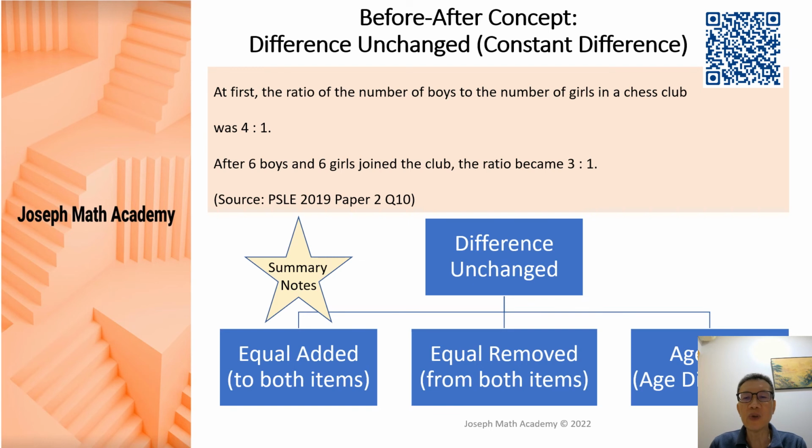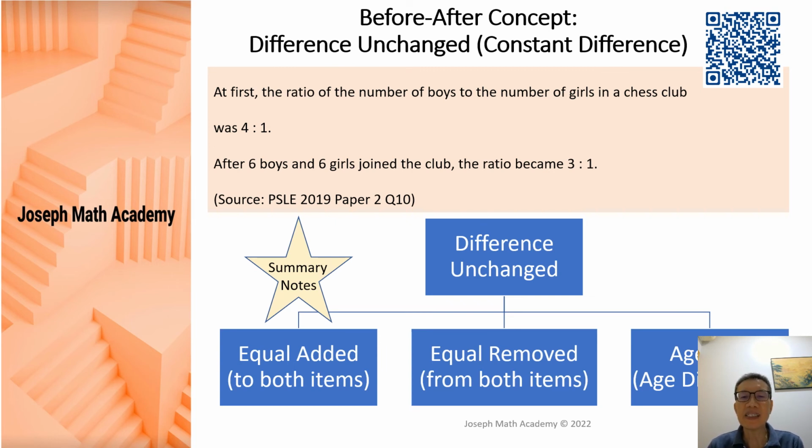The first one is already mentioned in our question: equal added. If you have a value that is equal added to both items, then it must be a difference unchanged concept. Same thing if it's equal removed, that means if we remove the same value from both items, it also has to do with the difference unchanged concept.